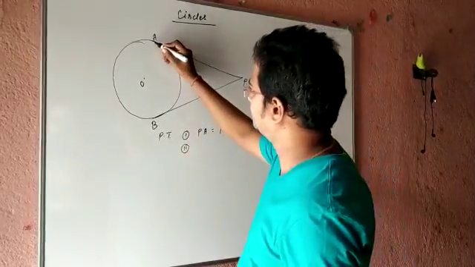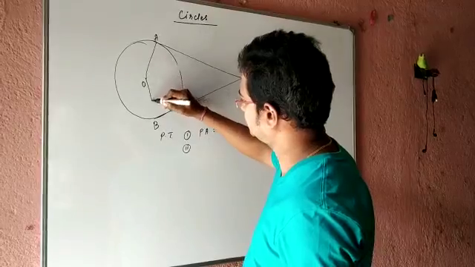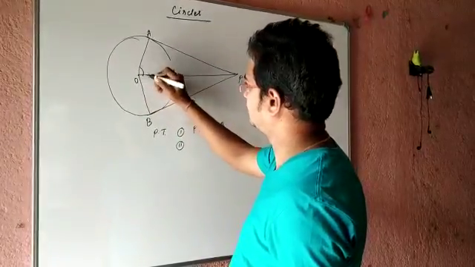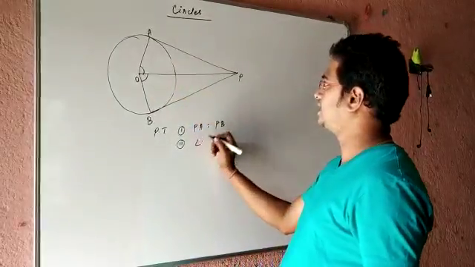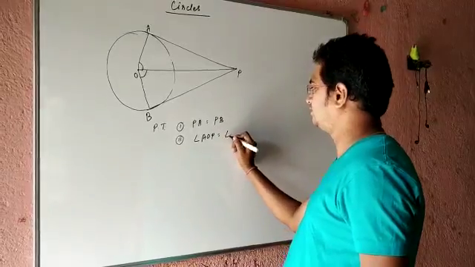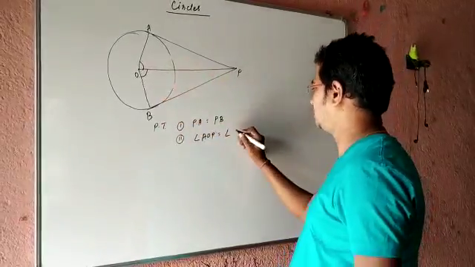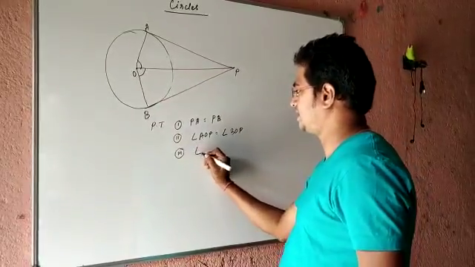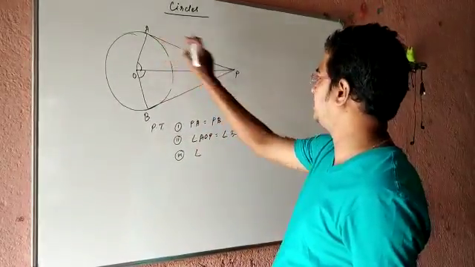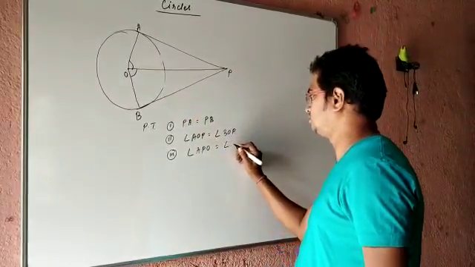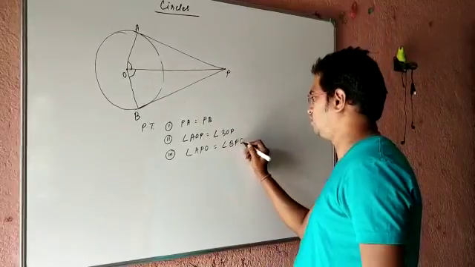Next we are going to prove angle AOP is equal to angle BOP, and third part we are going to prove angle APO is equal to angle BPO.